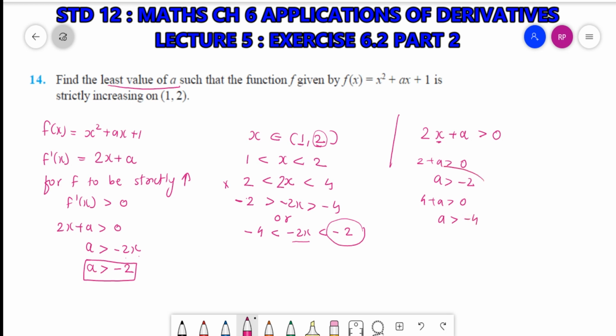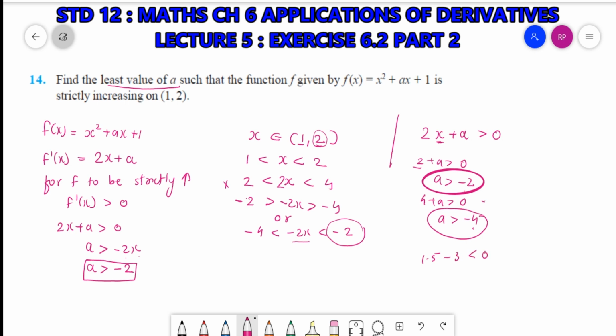Now, if I need to satisfy both these conditions, and I take any value between minus 2 and minus 4, right, then it would not satisfy the condition. Clear? Like if I take value of x as 1.5, okay, and if I'm taking value here a equal to minus 3, then 1.5 minus 3 will be less than 0.